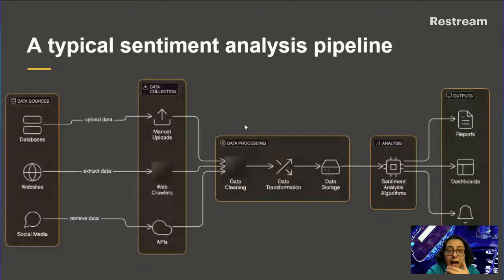Let's have a look then at how a typical data analysis pipeline might work. We have here an example of a diagram that showcases the typical steps when we do sentiment analysis and produce data that we might need for that. So we could be doing loads of different things.